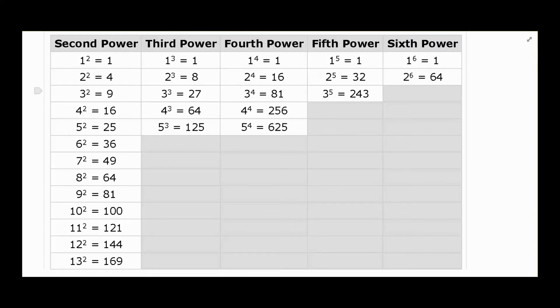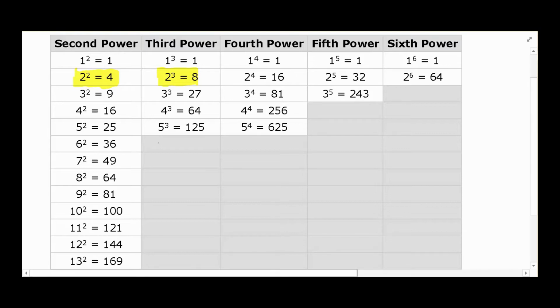Now, as far as the cubes, I expect you to recognize these and be able to quickly come up with them. And so something I want to point out about cubes, and really the powers in general, is let's start off by looking at 2 cubed. 1 cubed is a little bit obvious. I want to point out that it should be easy to get 2 cubed if you already know 2 squared.